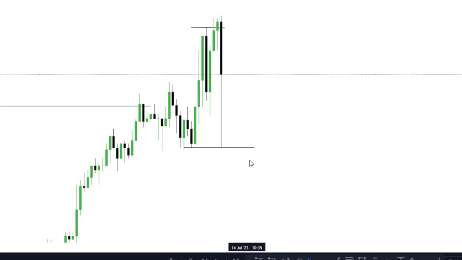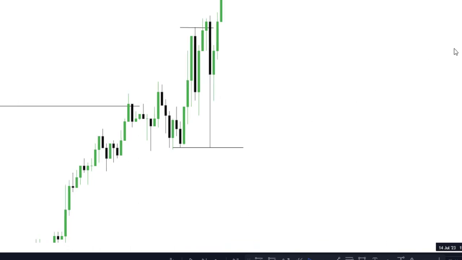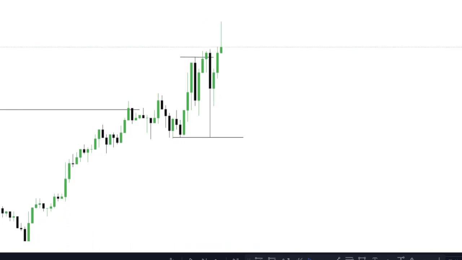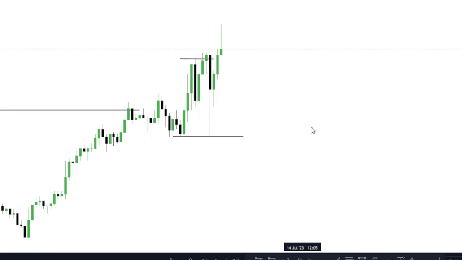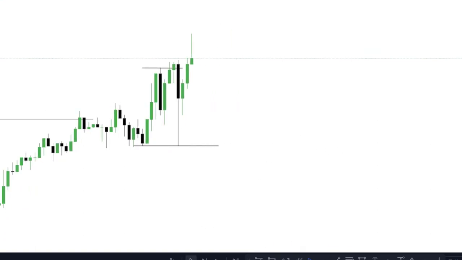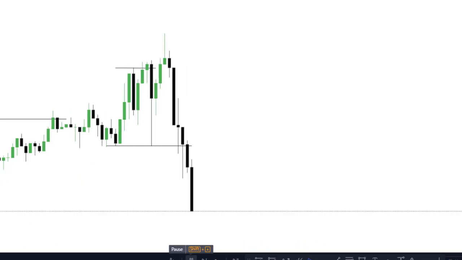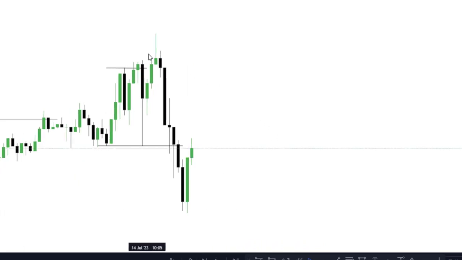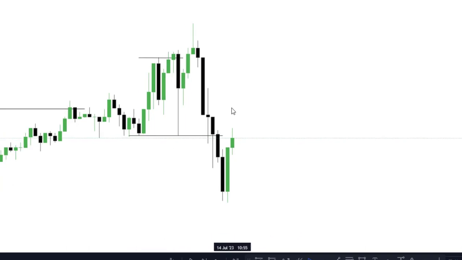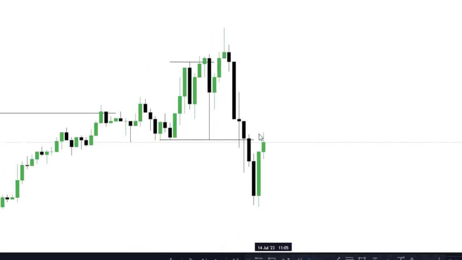If price should take out this low, then we can say that our market structure shift is now valid. As you can see, price eventually takes out our low, so we can start saying that our market structure shift is now valid, and we start looking for our entry.